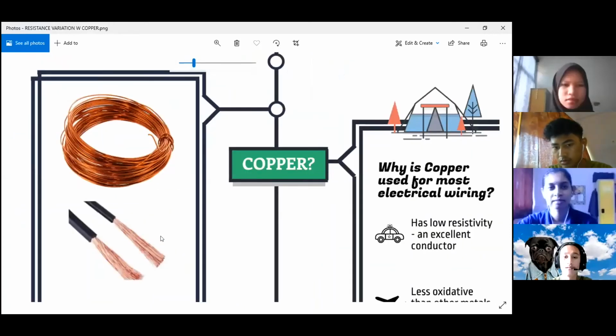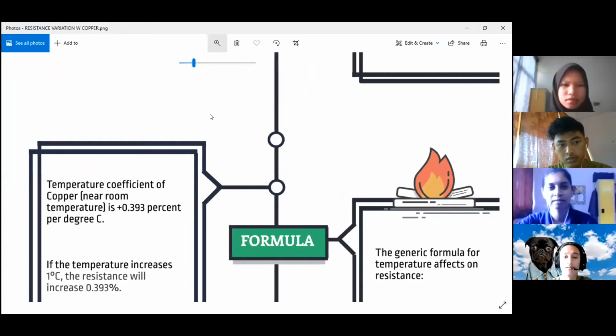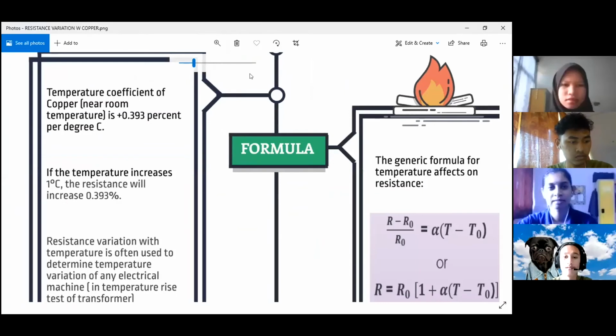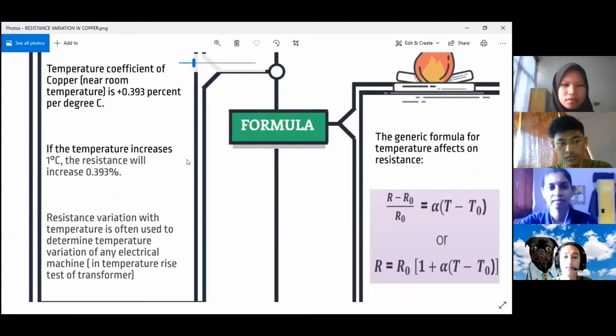The temperature coefficient is 0.393% per degree Celsius, so if the temperature increases even by only 1 degree Celsius, the resistance will increase by 0.393%. On a side note, resistance variation with temperature is often used to determine temperature variation of any electrical machine, for example in the temperature rise test of a transformer.